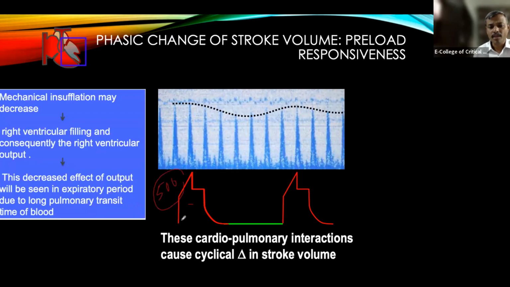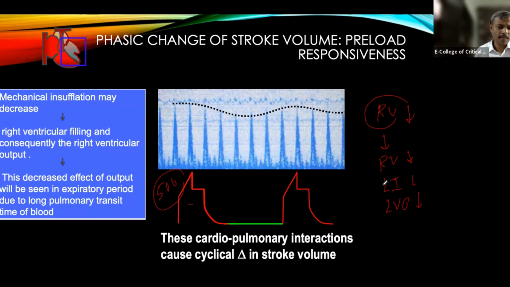The moment you give 500 tidal volume, what we expect, as we explained so far, is that right ventricular preload should reduce because you are increasing intrathoracic pressure. That indirectly reduces the right ventricular output, indirectly reduces the left ventricular input, and left ventricular output should reduce in series.